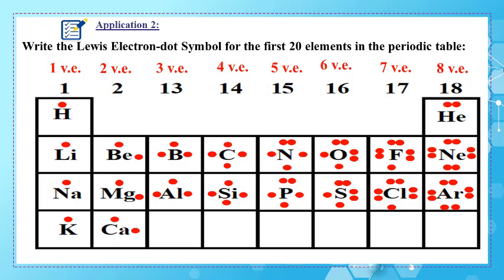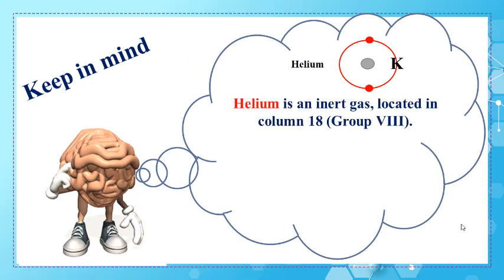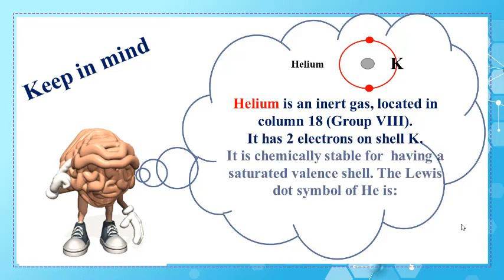For helium, it is an exception, and you have to keep in mind that helium is an inert gas. It is located in column 18 or group 8, but it has 2 electrons on shell K. It's chemically stable for having a saturated valence shell.